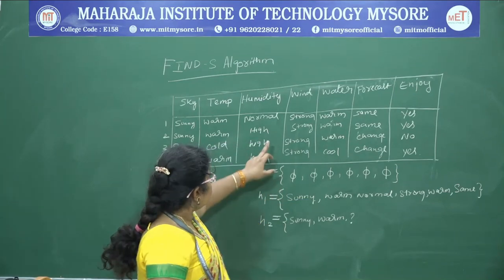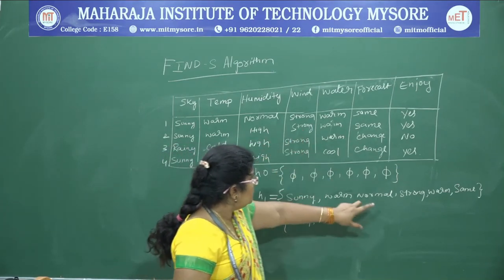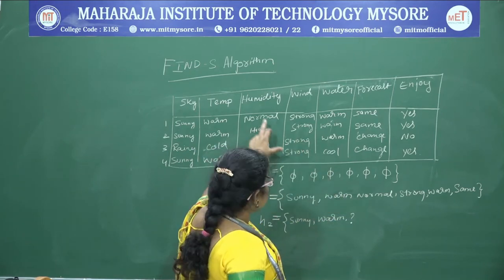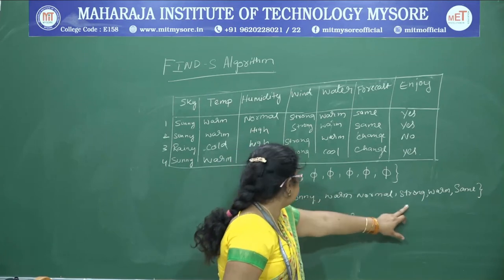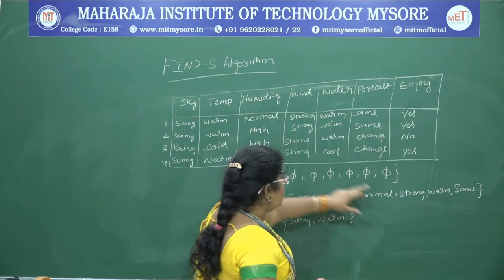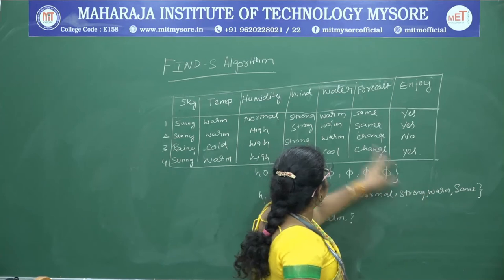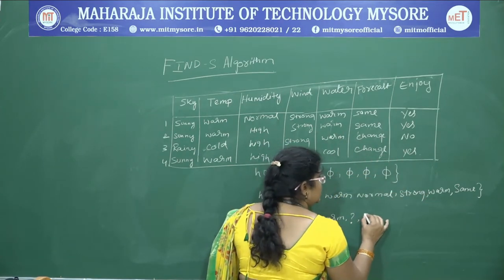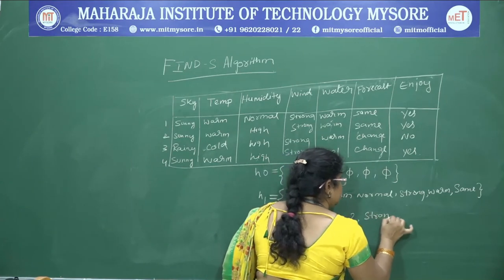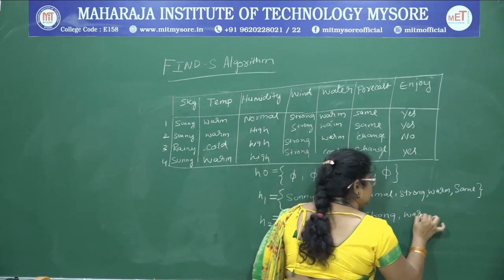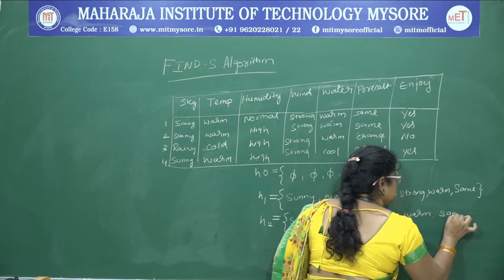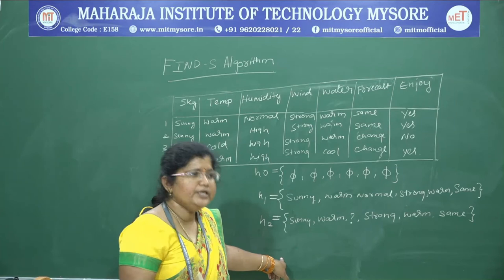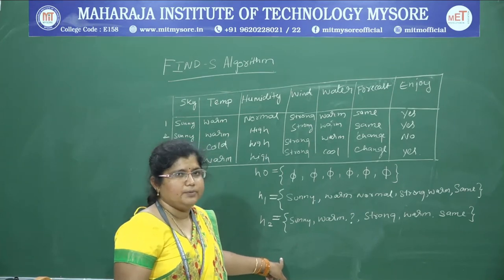Next strong remains as it is. Warm remains as it is. Same remains as it is. Now we have generated this hypothesis, which is the newly generated maximally specific hypothesis.